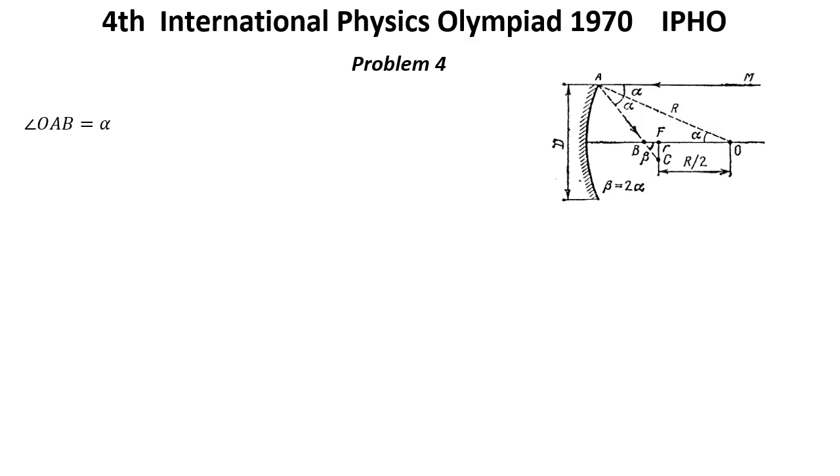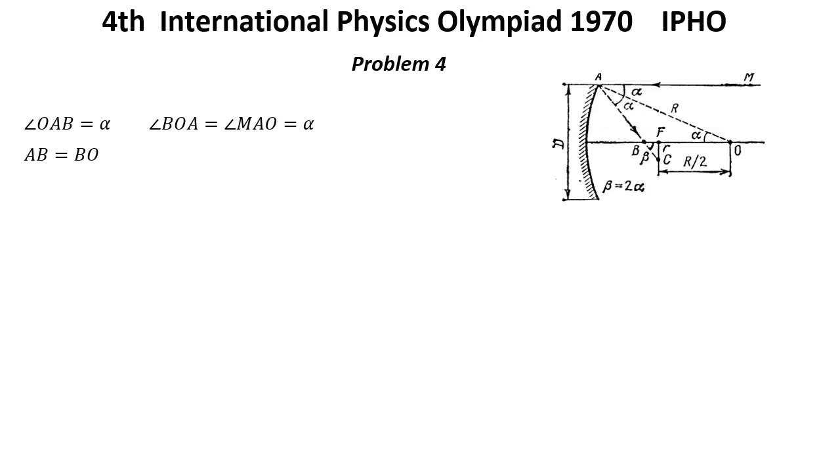The angles BOA and MAO are equal, that is, the angle BOA is equal to alpha. Thus, the triangle AOB is isosceles with its side AB equal to the side BO.